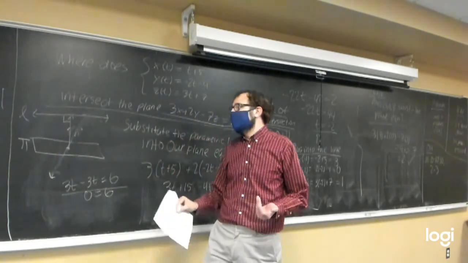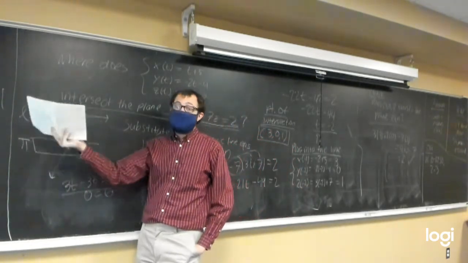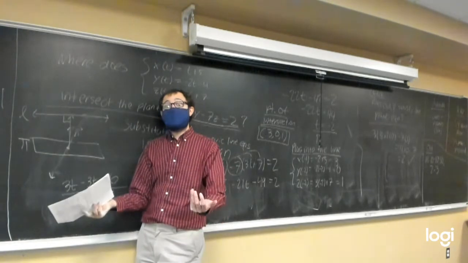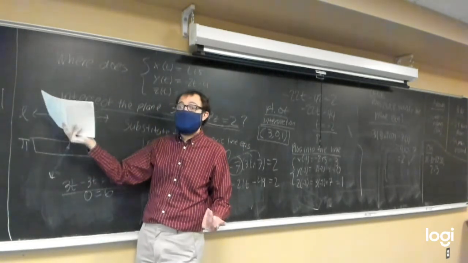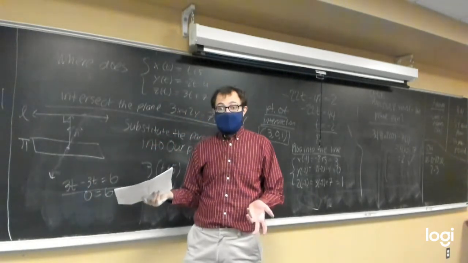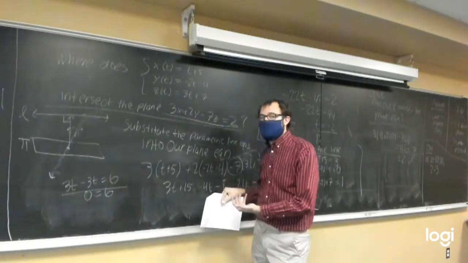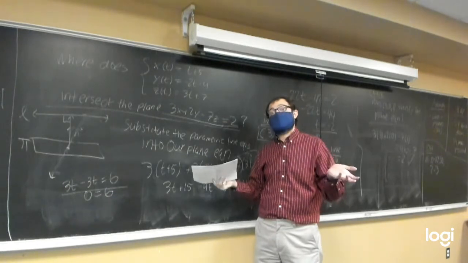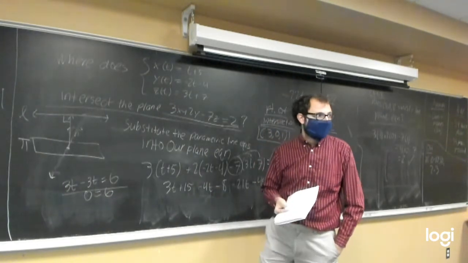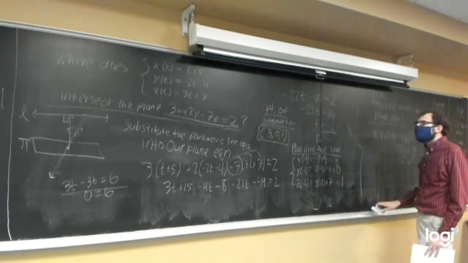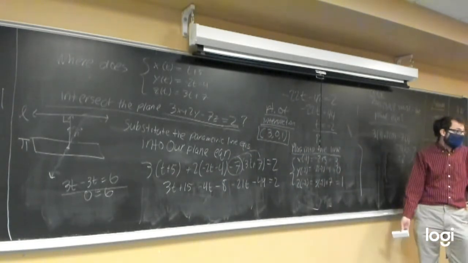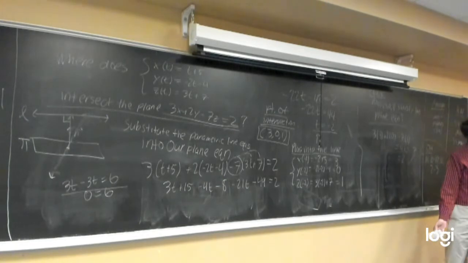And so if in fact the line and the plane never intersect, which is totally possible if n and your slope vector for L are orthogonal, then you just wouldn't get a solution here and you would say there is no point of intersection. So that tells us how we can find where our line intersects our plane.